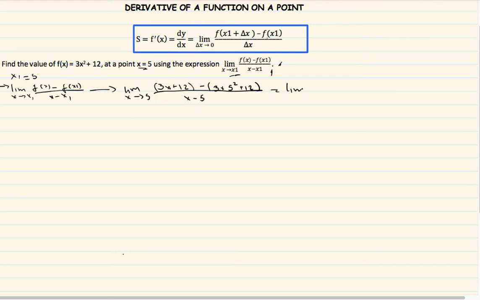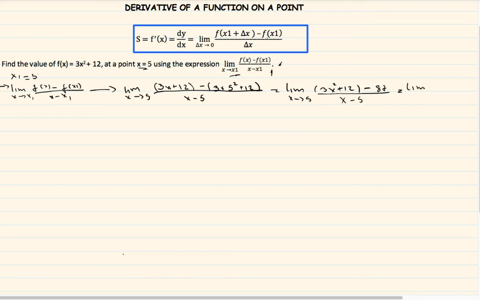We have the limit as x tends to 5 of 3x squared plus 12, minus 5 squared, 25, into 3 is 75, plus 12 is 87, divided by x minus 5.